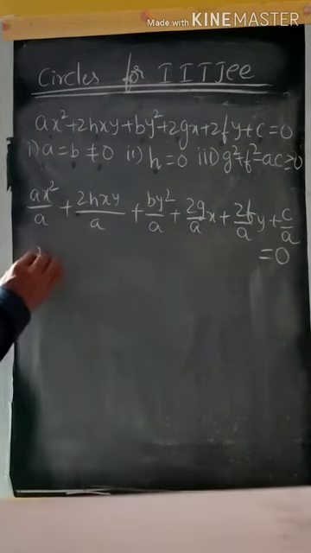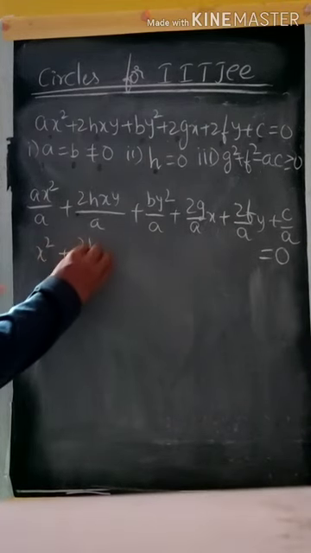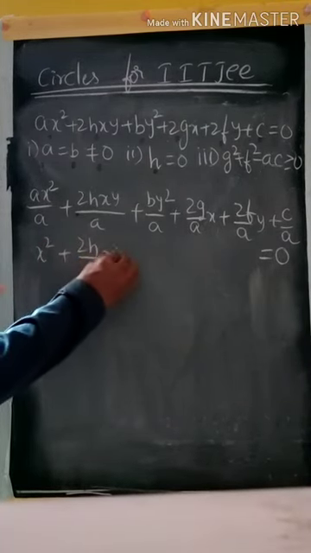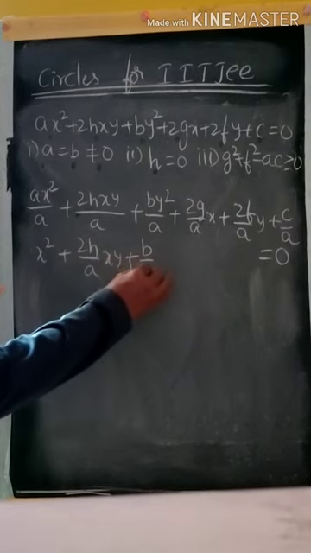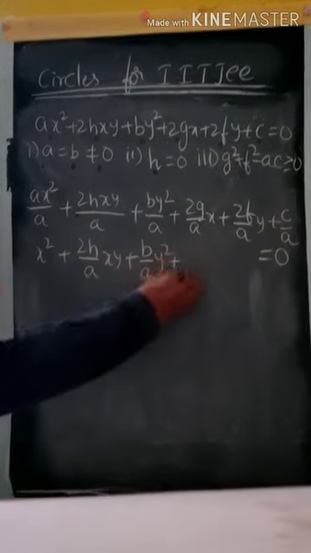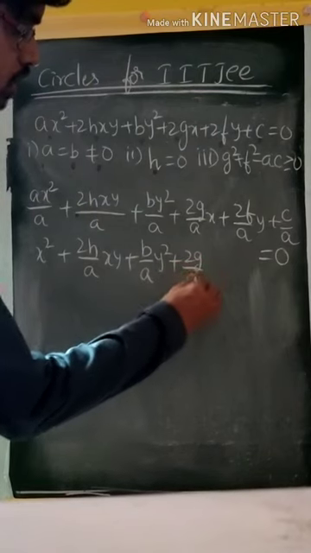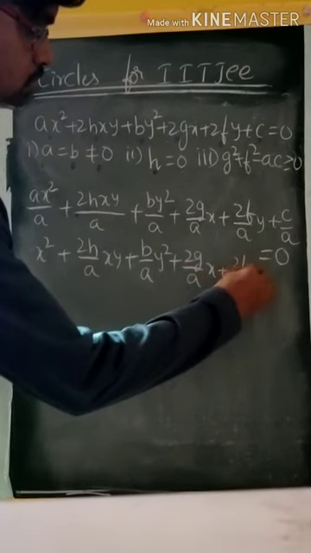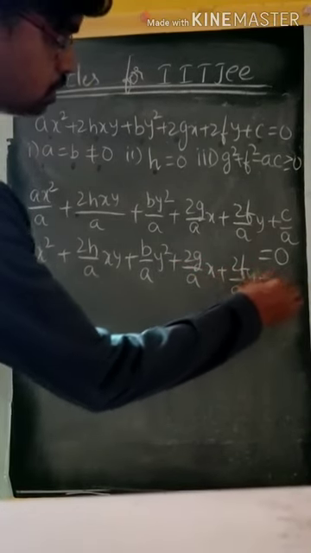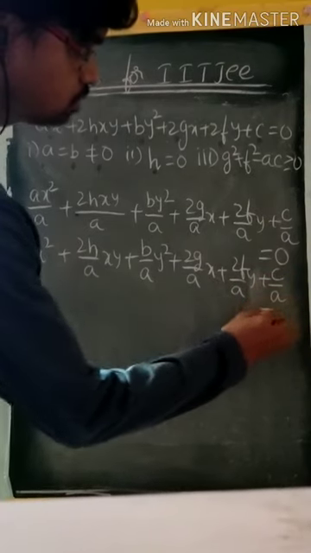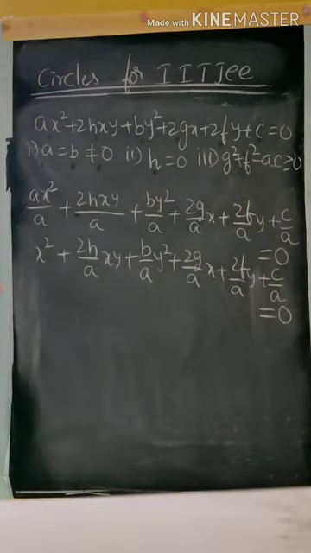You will get x² + 2h/a xy + b/a y² + 2g/a x + 2f/a y + c/a = 0.